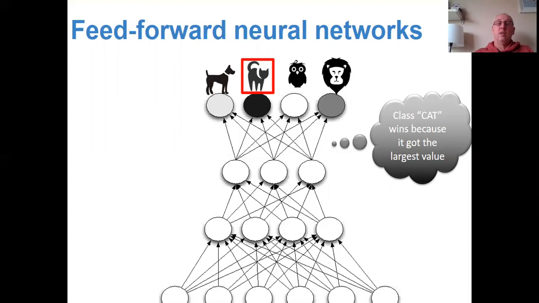For example, we have 4 possibilities: a dog, a cat, an owl, and a lion. And if we pick cat because it has the largest value, then our neural network has successfully recognized that particular image as a cat. It's correctly classified the image as a cat.